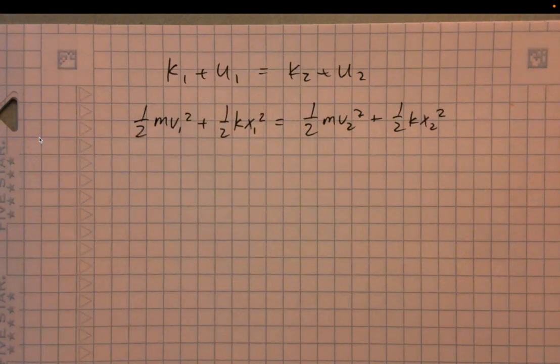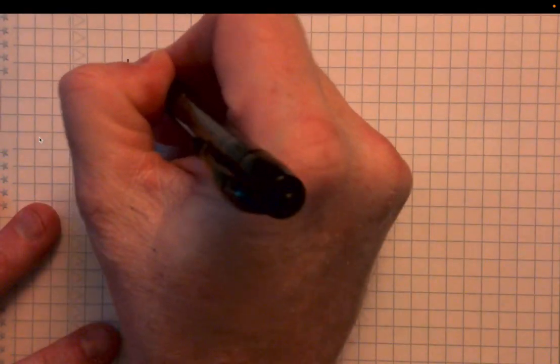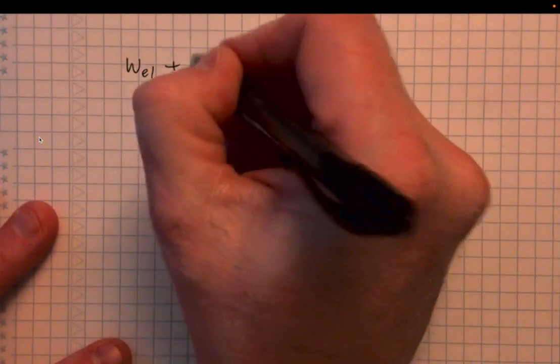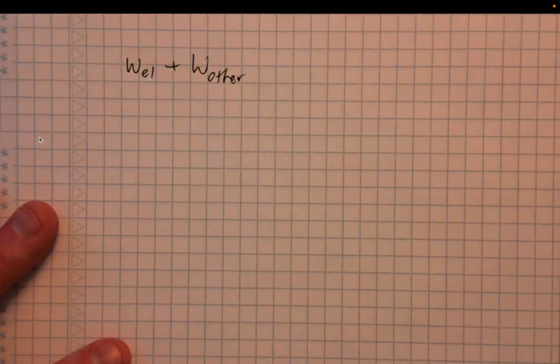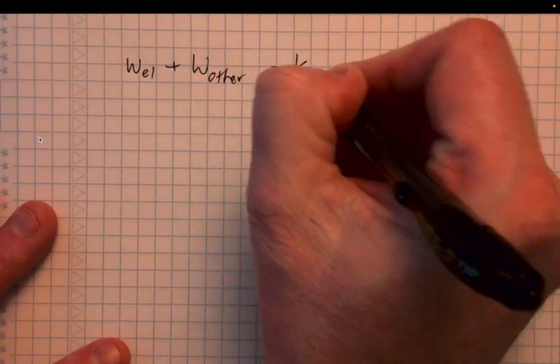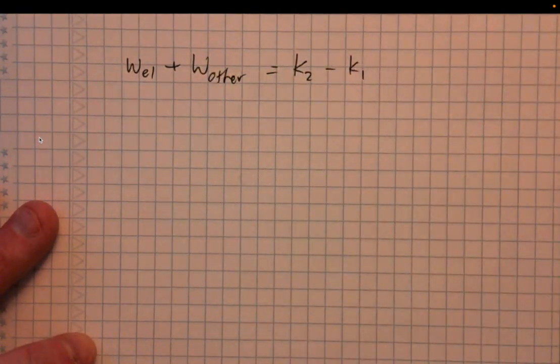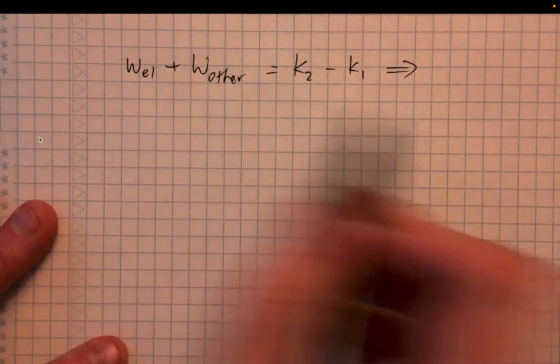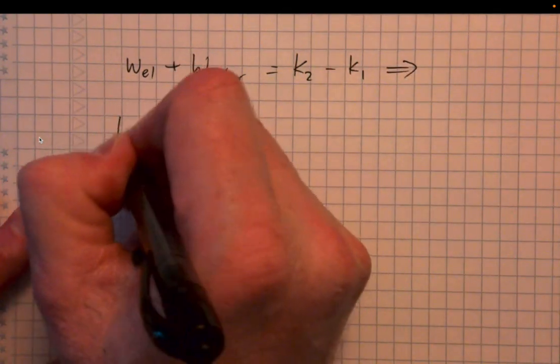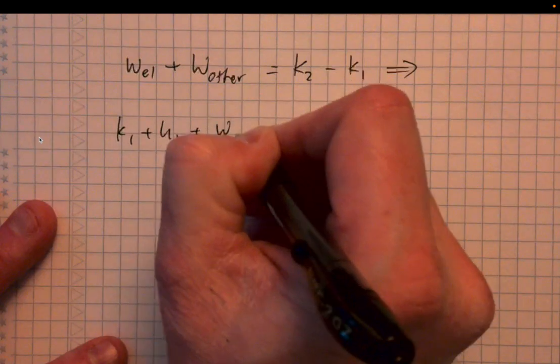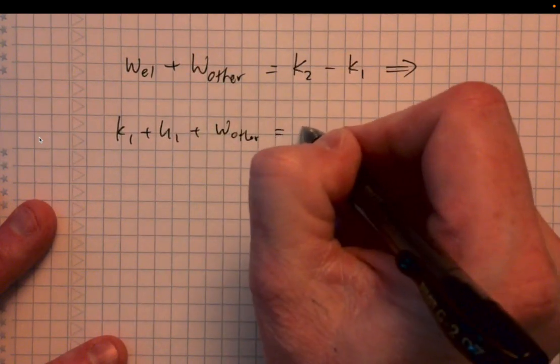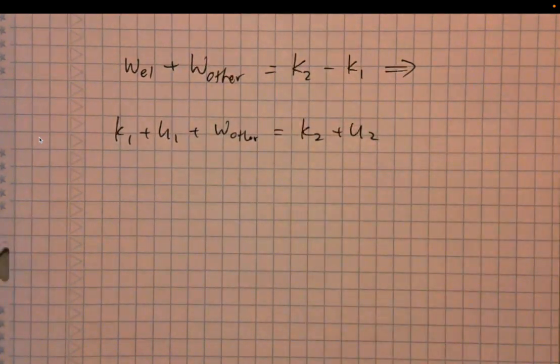Now, just like what we saw with gravitational potential energy and conservation of energy, if other forces are present, we treat them in the same way. We say that the work done by the elastic force plus the work done by the other forces should be equal to the change in the kinetic energy, right? And so just like before, we think of this as K1 plus U1 plus W_other equals K2 plus U2.